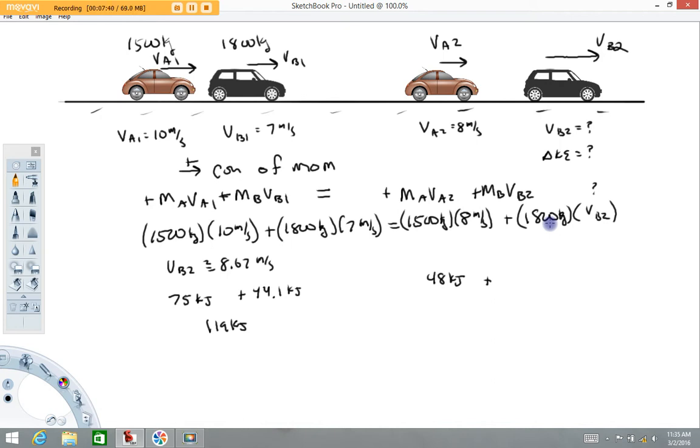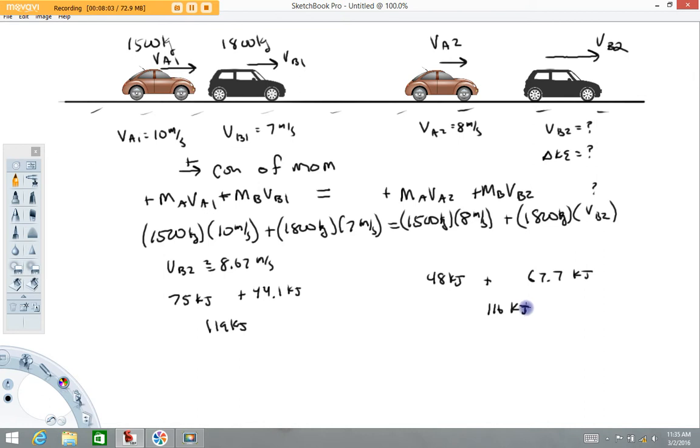And I get 67,652. I'm going to go ahead and write that as 67.7 kilojoules. And again, these add to 115.7. I'm just going to round that to 116. So this is about 116 kilojoules.